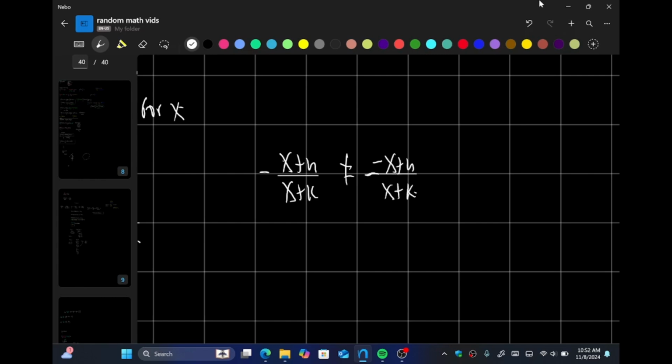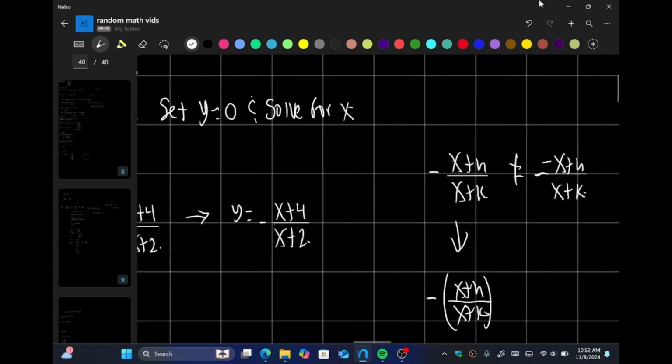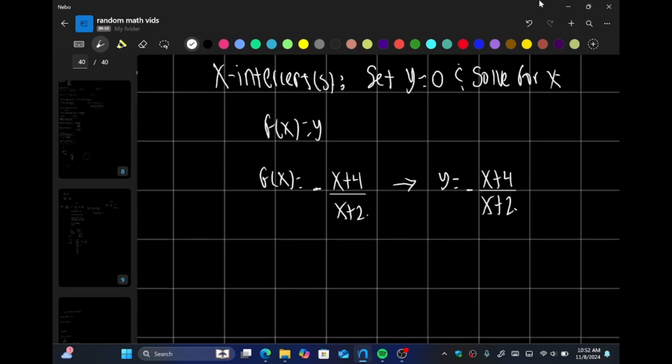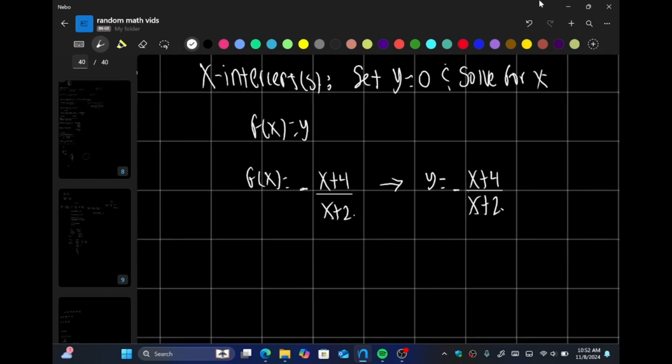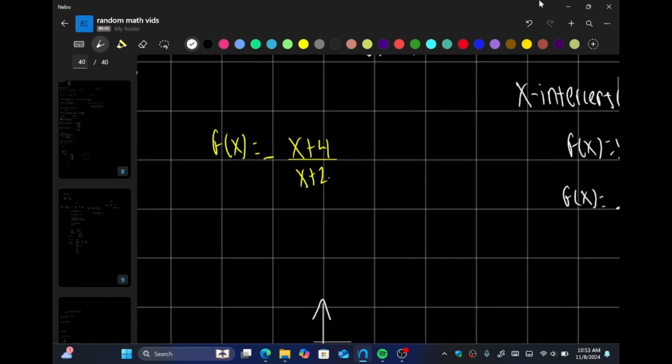This indicates negative parentheses x plus h over x plus k. I just want to state that really quick, guys. So they're not the same thing. We have to be careful, especially when we're adding and subtracting rational functions. But anyways, just wanted to state that here.